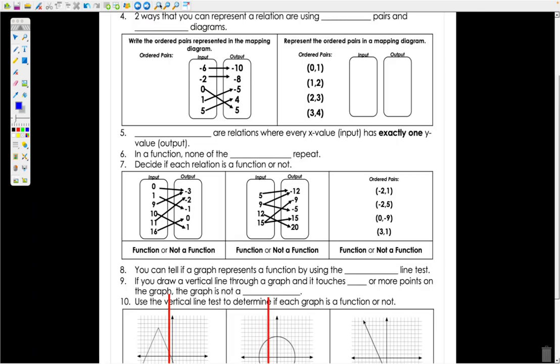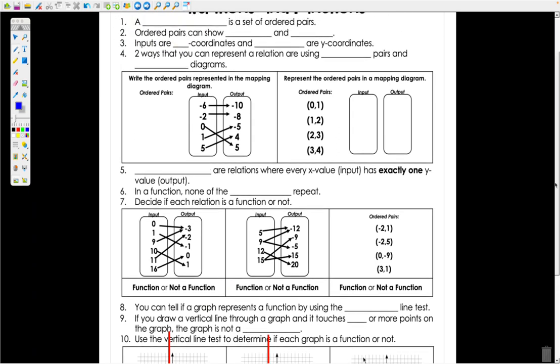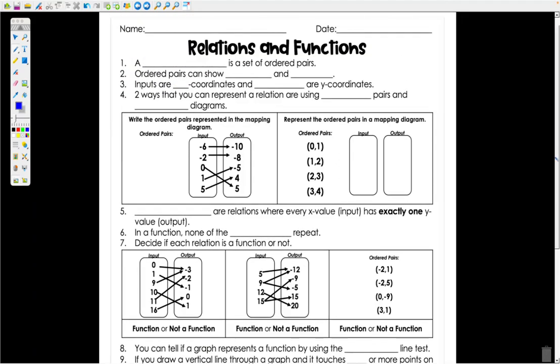Well, in math, we call a relation a set of ordered pairs because they show the relation between one variable to the next, the relation of our inputs to our outputs, the relation of our x values to our y values. A relation is simply a set of ordered pairs. Ordered pairs can show input values and output values.